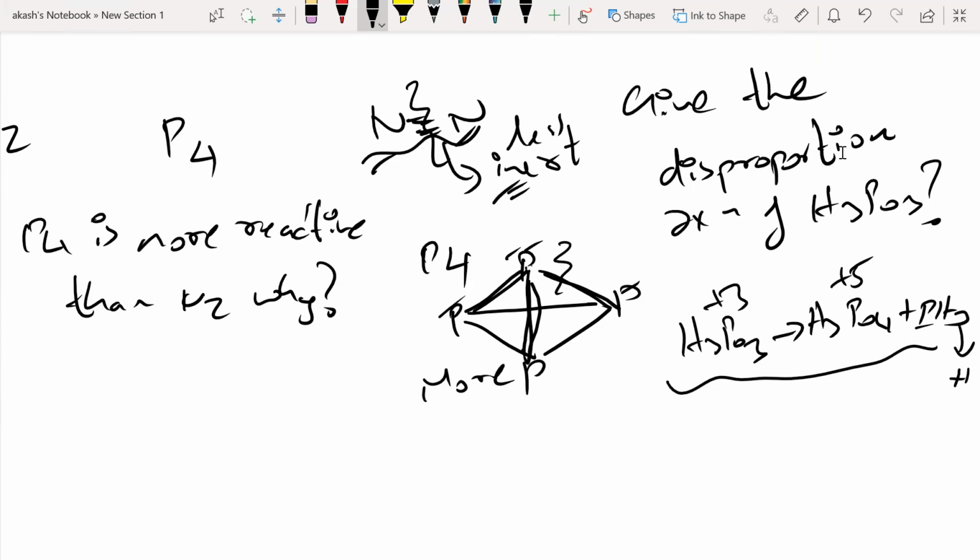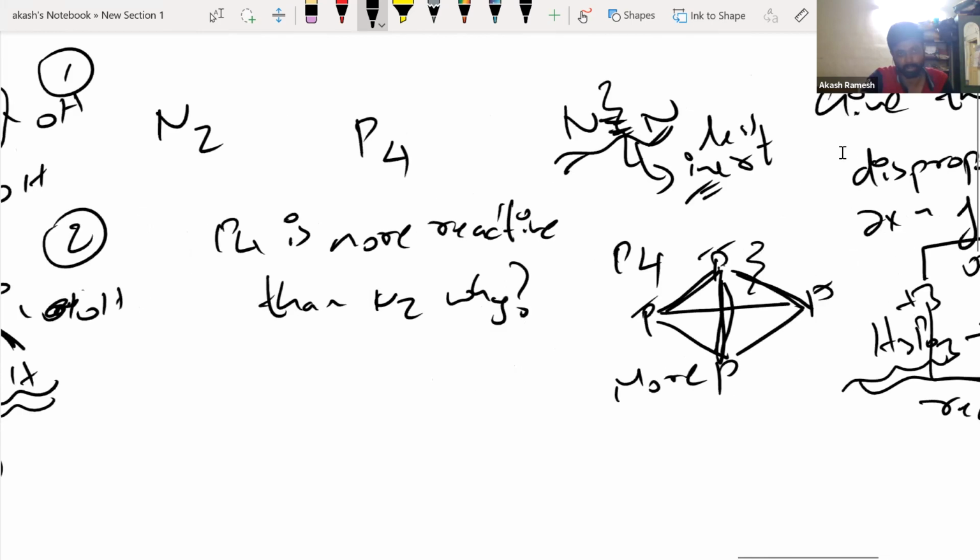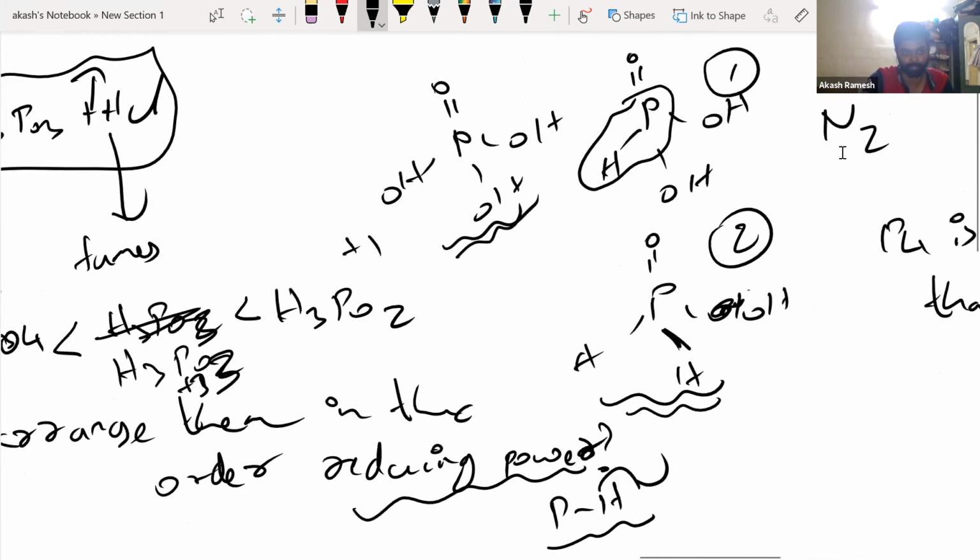Correct. So you see, +3 to +5 is oxidation, +3 to -3 is reduction. So this is the disproportionation reaction: a single molecule gets oxidized and reduced simultaneously. That is what disproportionation is. Okay, correct. Group 4 gets +2.